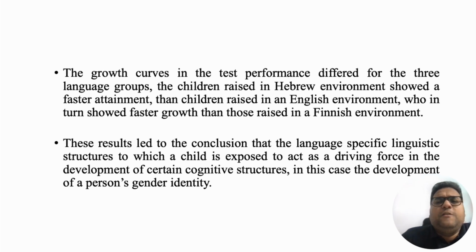So it is pretty clear that given the different gender loadings of these languages, Hebrew, English, and Finnish, they are impacting how gender identities develop in their young speakers. These results led to the conclusion that the language-specific linguistic structures to which a child is exposed act as a driving force in the development of certain cognitive structures. Here, in this case, we are talking about the development of a person's gender identity.